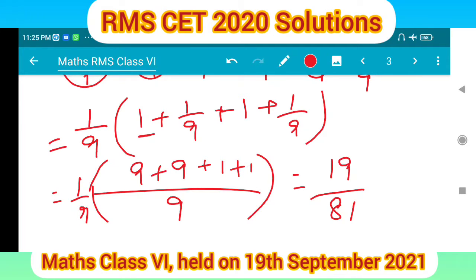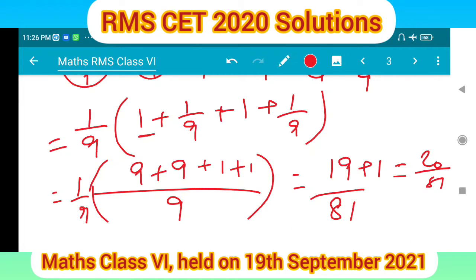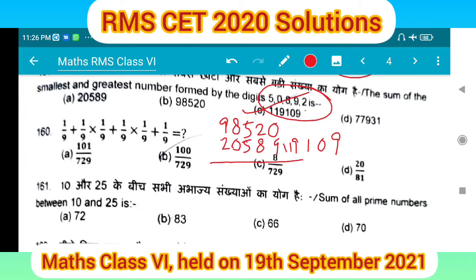Again 1 plus 1 is equal to 20 by 81. This is the answer. So the answer is 20 by 81, this one.